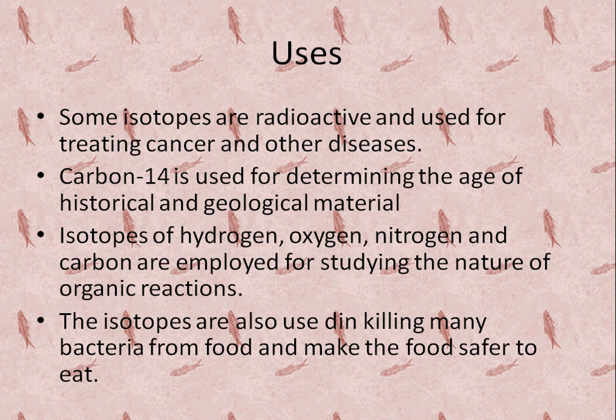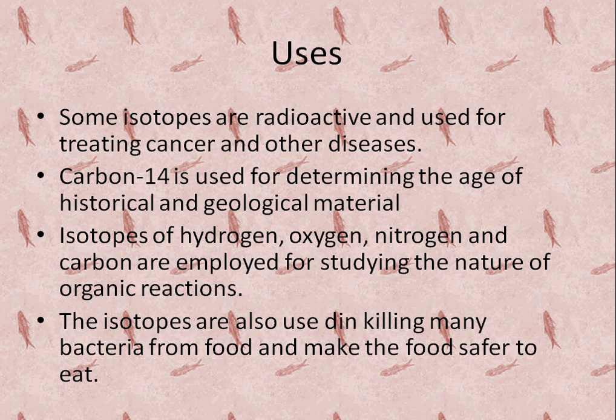Carbon-14 is used for determining the age of historical and geological materials. Third, the isotopes of hydrogen, oxygen, nitrogen, and carbon are employed for studying the nature of organic reactions. The isotopes are also used in killing many bacteria in food and make the food safer to eat.